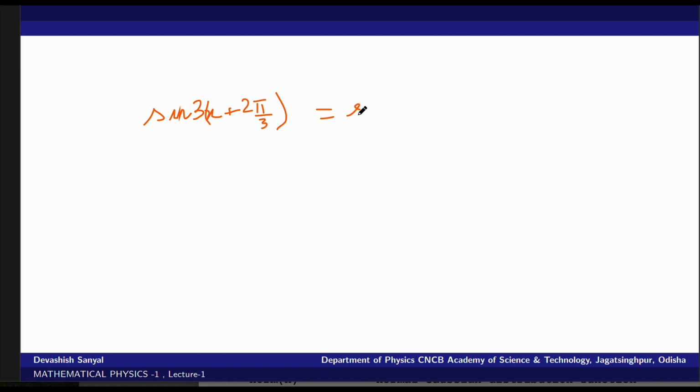If you just open the bracket, it is sin(3x plus 2 pi), and this is actually equal to sin 3x.